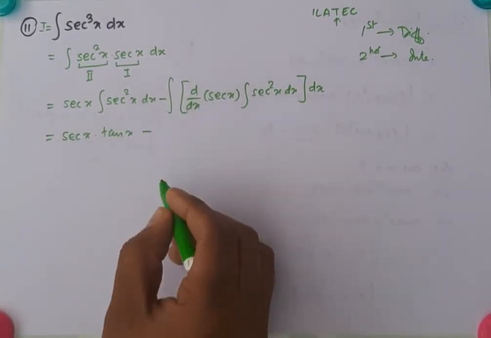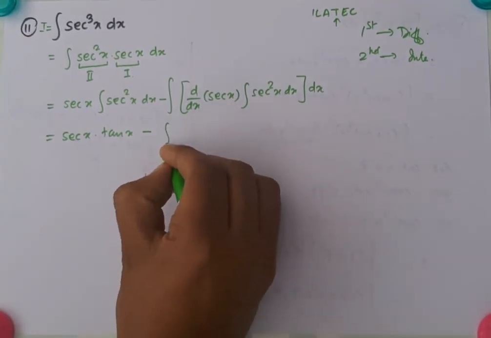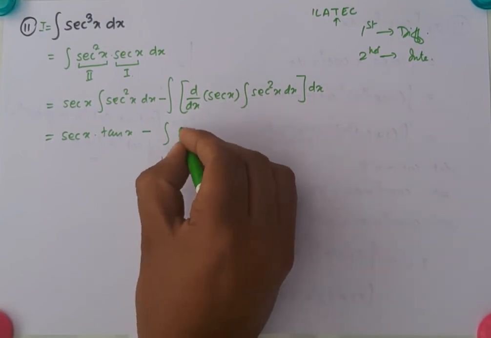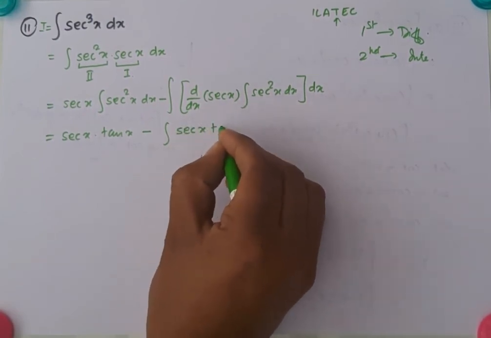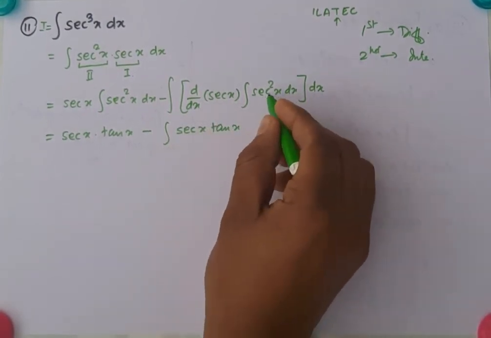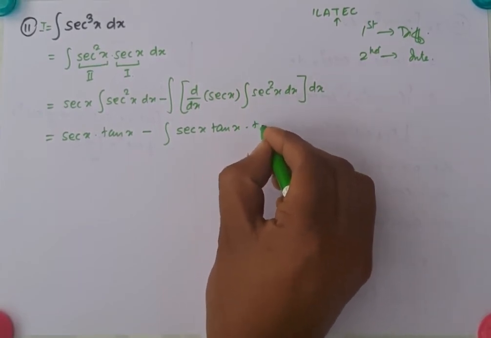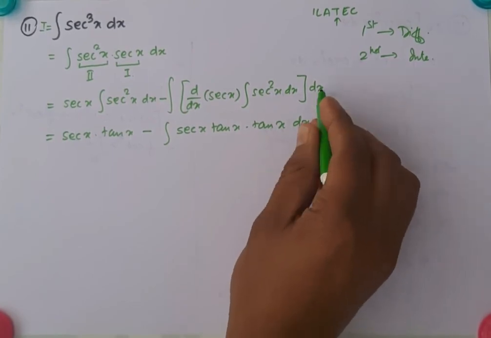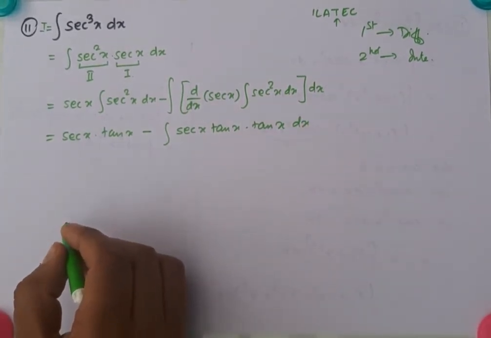I'm sorry, minus is also there, minus integral. Now derivative of sec x is sec x tan x, remember? So this is sec x tan x, and integral of sec square x is tan x. We have got dx also, right?